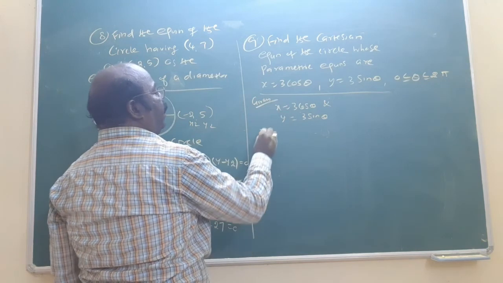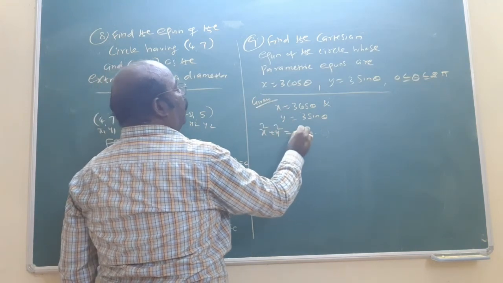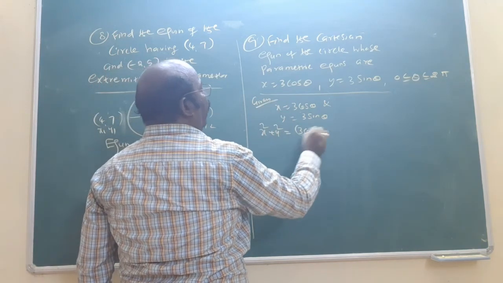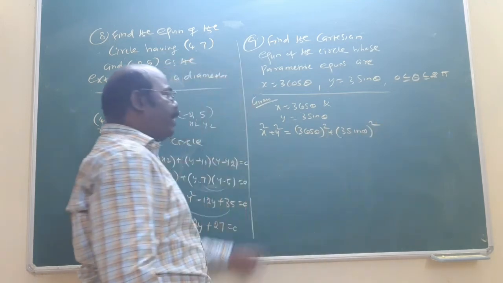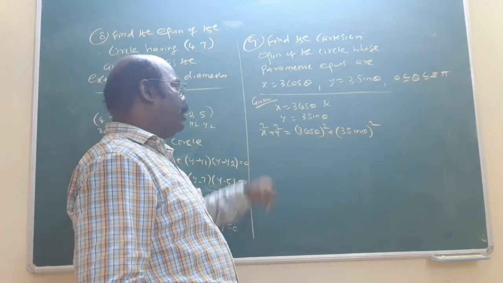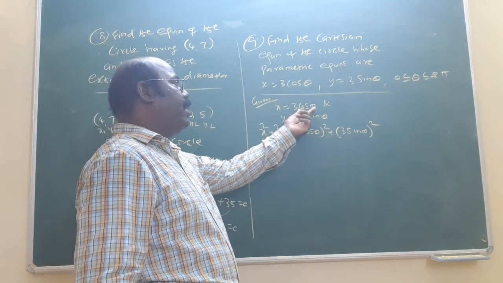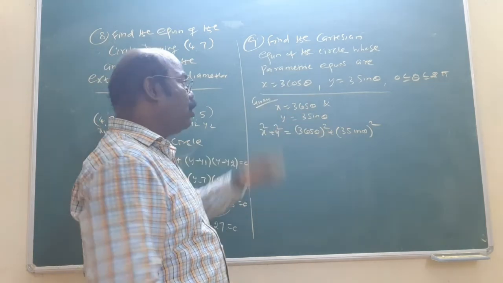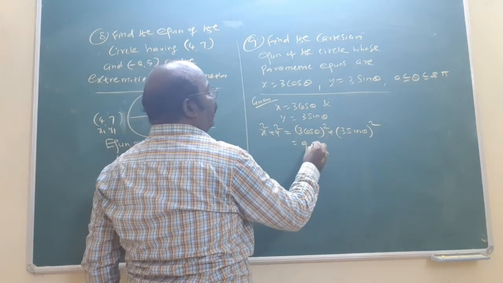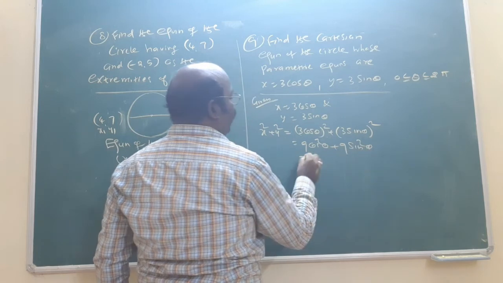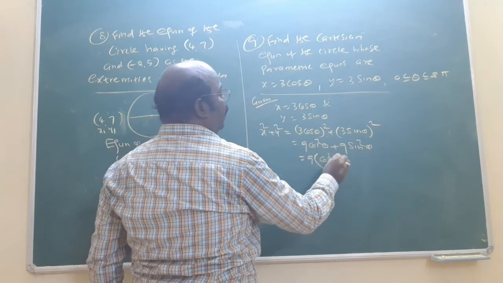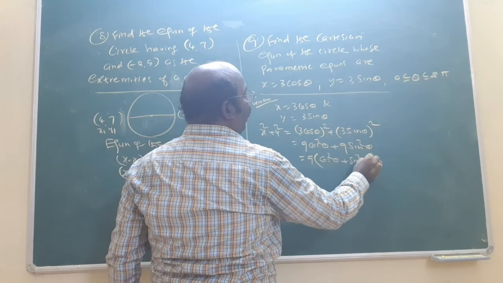Now square and add: x square plus y square equal to 3 cos theta whole square plus 3 sin theta whole square. Am I right? Left hand side x square plus y square. Now this is 9 cos square theta plus 9 sin square theta, 9 is common, cos square plus sin square equal to 1.